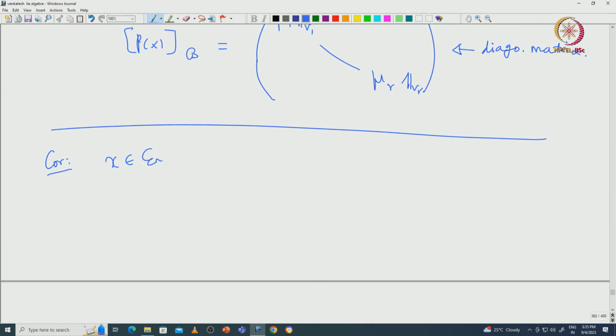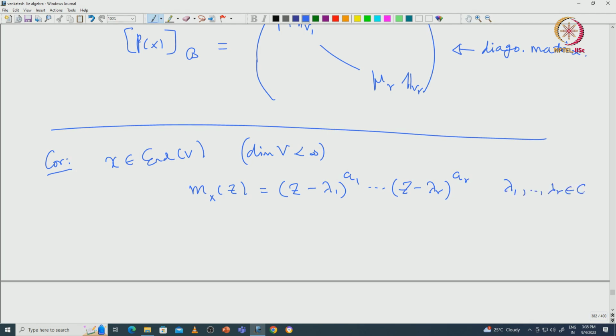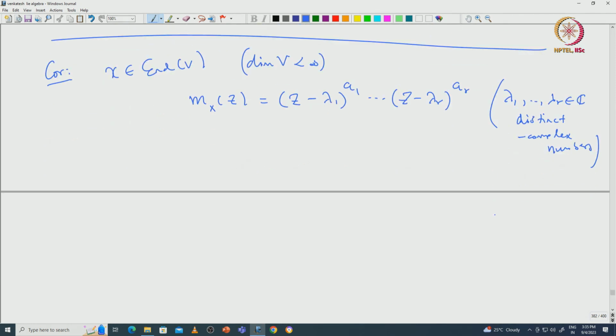If I take x from the endomorphisms of V, and assume the dimension of V is finite, and the minimal polynomial of this x is given by (z − λ_1)^a_1 etcetera (z − λ_r)^a_r, where λ_1 etcetera λ_r coming from C are distinct complex numbers, then you can take μ_1 to be λ_1 bar, etcetera, μ_r to be λ_r bar.